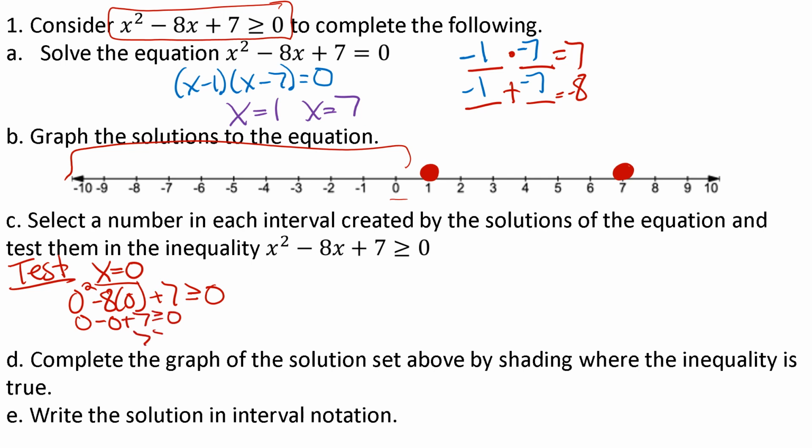So that'd be 7 greater than or equal to 0, which is true. Right, 7 is bigger than 0. So because it works and it makes our inequality a true statement, that means that we would shade this area less than 0.